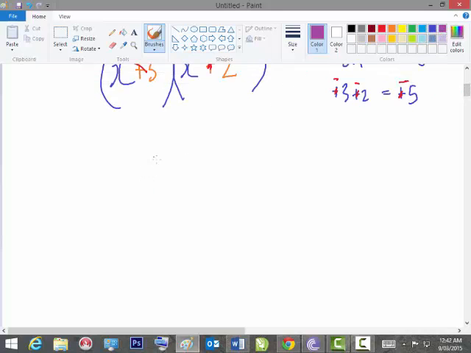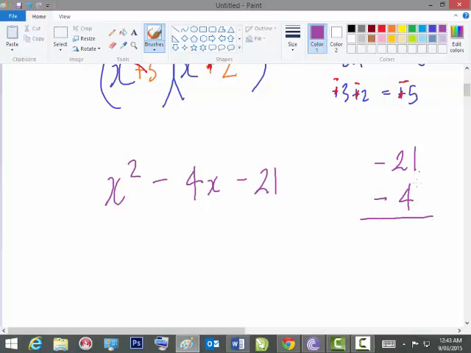Another color. Right, x squared minus 4x minus 21. Put the two numbers to the side: negative 21 is the last term, and negative 4 is the middle term. So two numbers, a mental puzzle, two numbers that will multiply to give me negative 21 and add to give me negative 4.